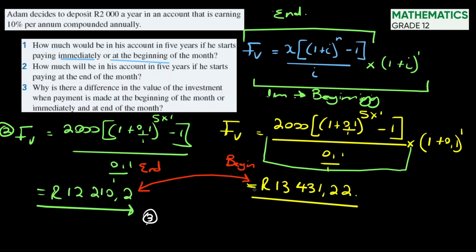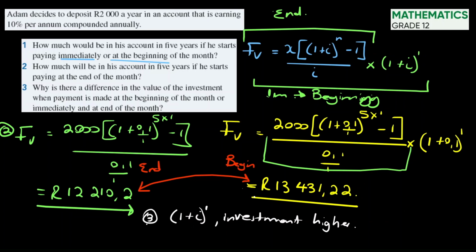An important thing to note is that at the beginning of the month, it earns interest of 1 plus interest for that 1 extra month. So for this investment, it earns more time to compound. That additional month makes the interest higher. It makes the total investment higher.